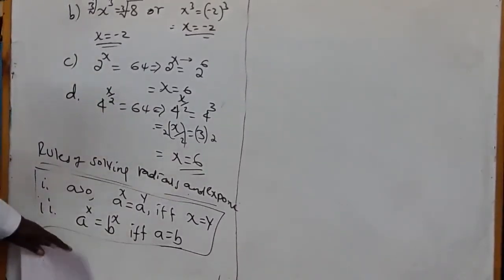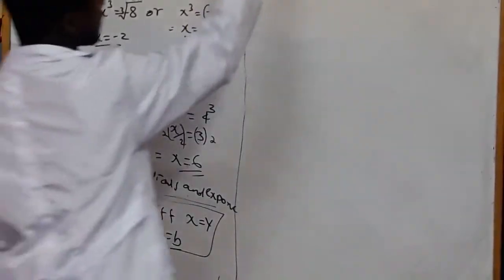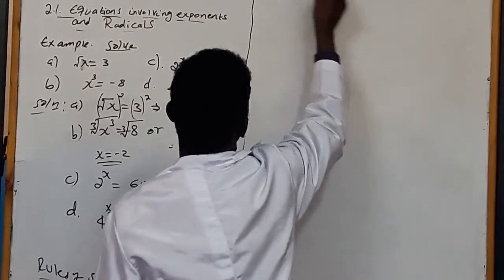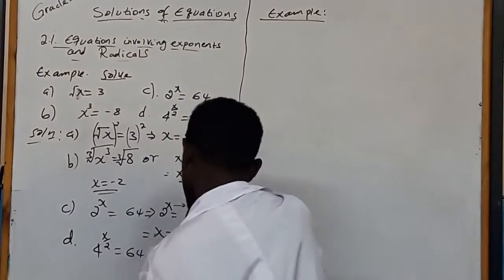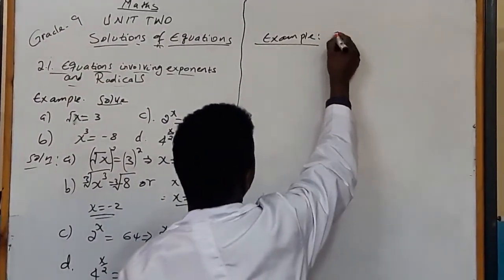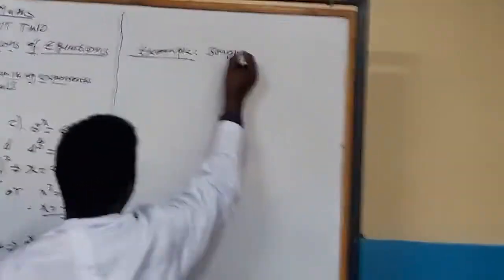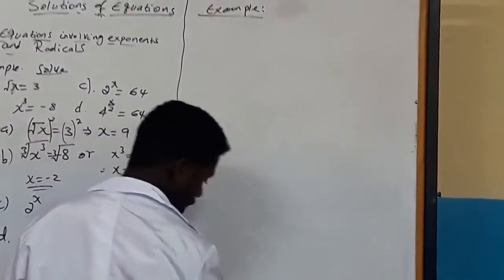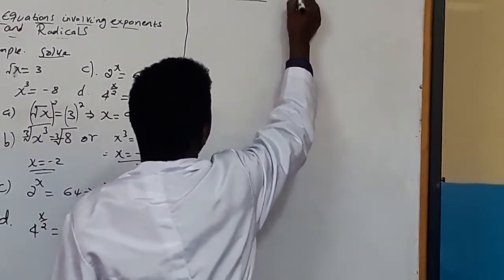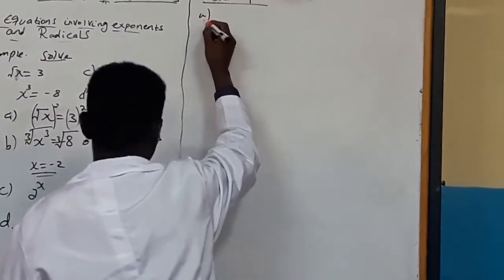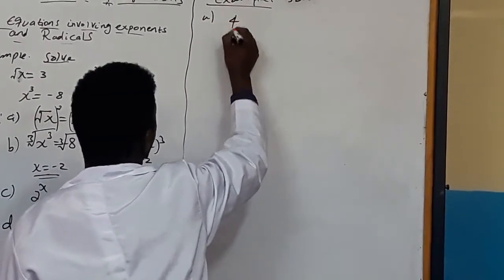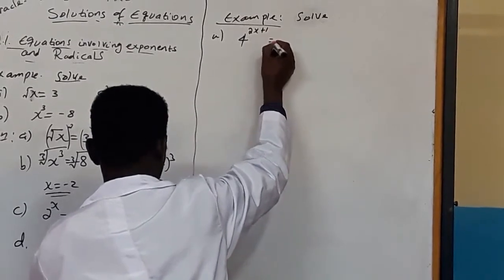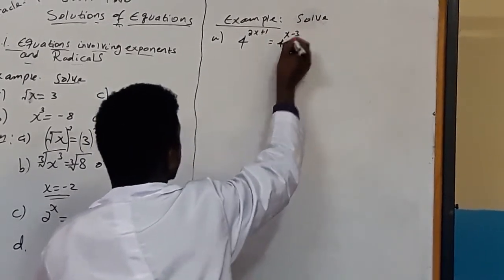So let me use these rules to solve different examples. You will see brief examples using these rules. Simplify. We have to solve these equations. A: 4 to the power of 2x plus 1 is equal to 4 to the power of x minus 3.